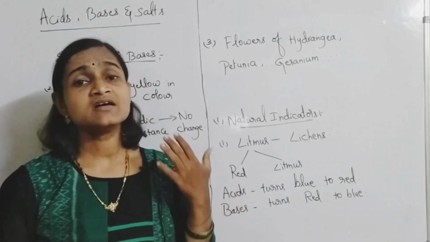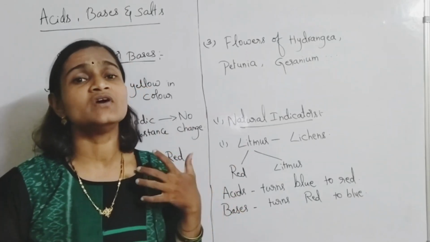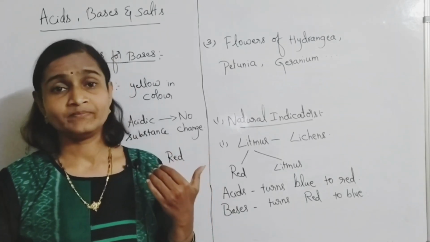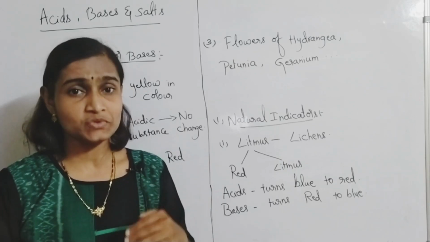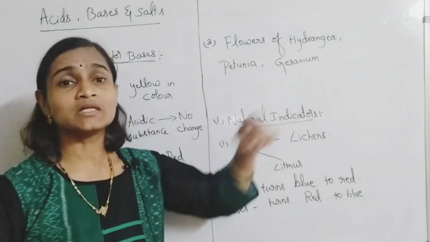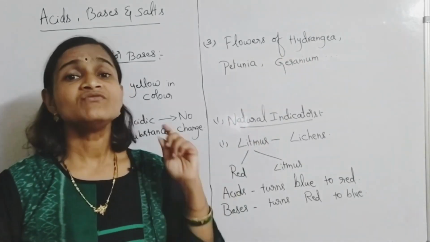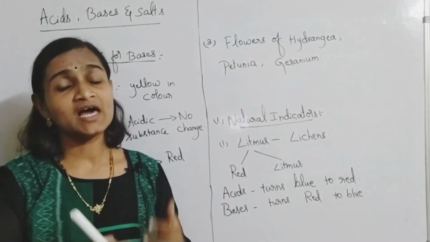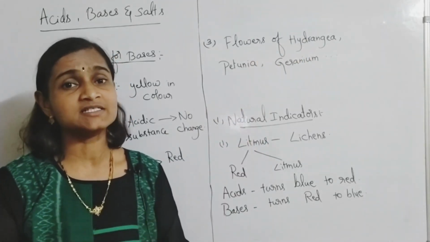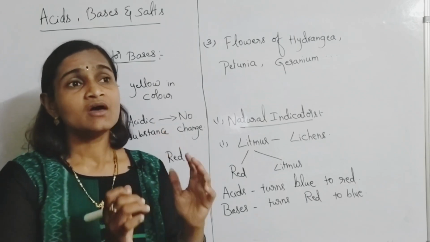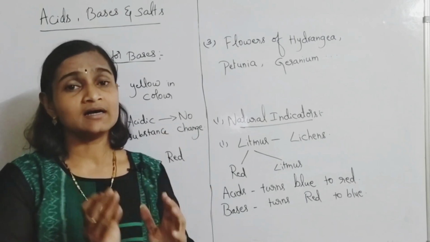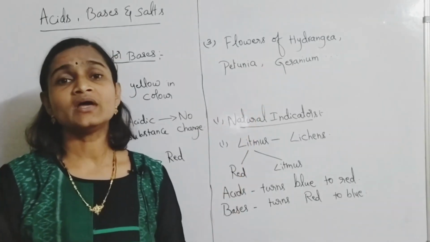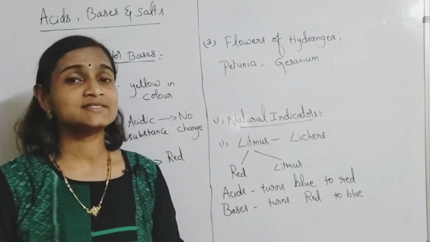But with the change in the acidic or basic nature of the soil, the color of these flowers also will change. If you observe the colors of the hydrangea, petunia and geranium flowers changing, then you can say that the nature of the soil in which these plants are planted also gets changed.